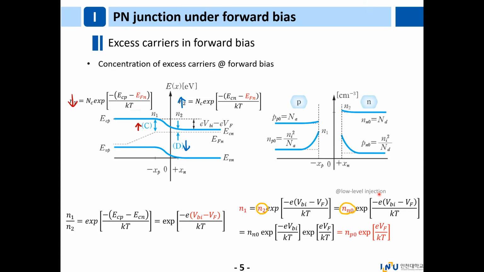That is, the concentration of holes injected from the P-type to the N region due to the forward bias is much smaller than the electron concentration of the original N region.